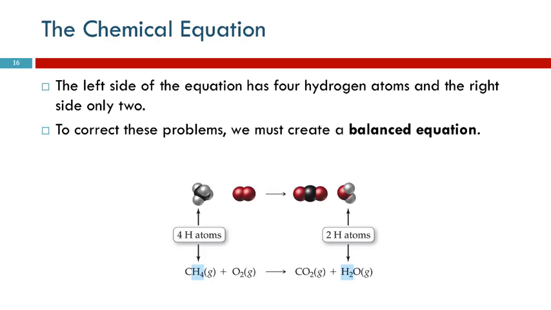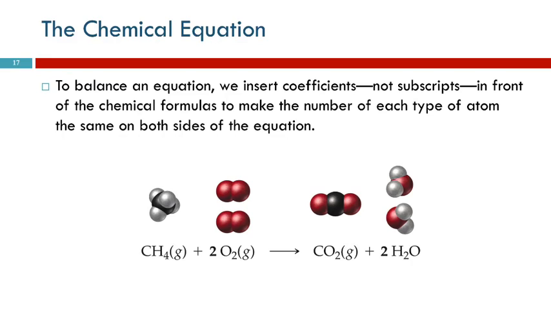So we have to fix this description so that we have the same number. We need to balance the equation. We can fix the oxygen by putting a 2 here. If we start with 4 oxygens, 2 oxygen molecules would give us 4 of the red balls. And over here, if we put a 2 in front of H2O, now we've got 2 red balls there and 2 red balls there.